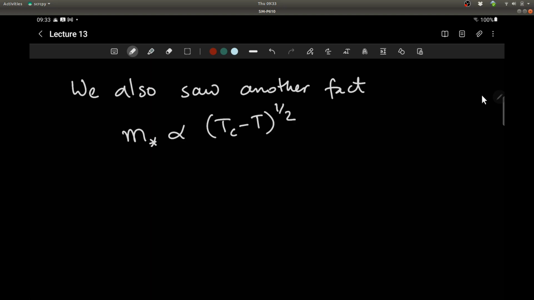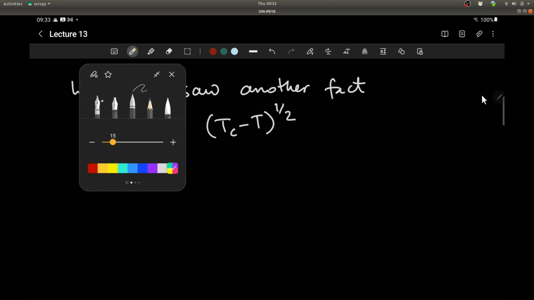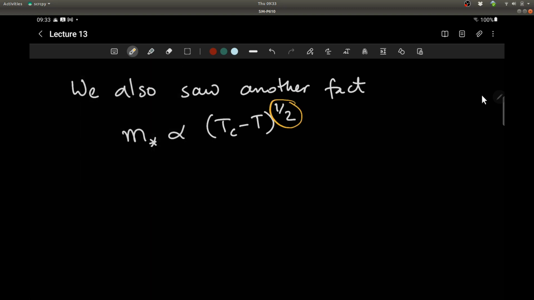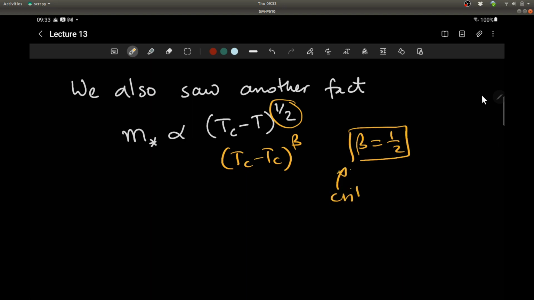Okay, so this is an example of something called a critical exponent. So one writes it as Tc minus T power beta and says beta equal to half. Okay, so this is called a critical exponent.